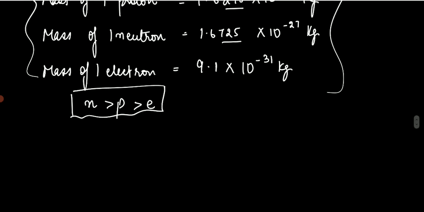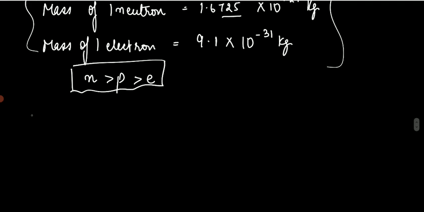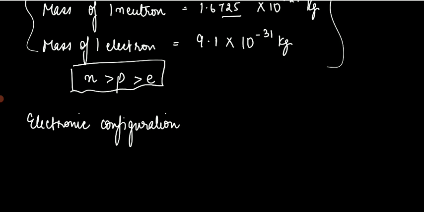So after this, I'll be going to the next part, that is electronic configuration. Now this is again a part of the Bohr atomic model, Niels Bohr atomic model.